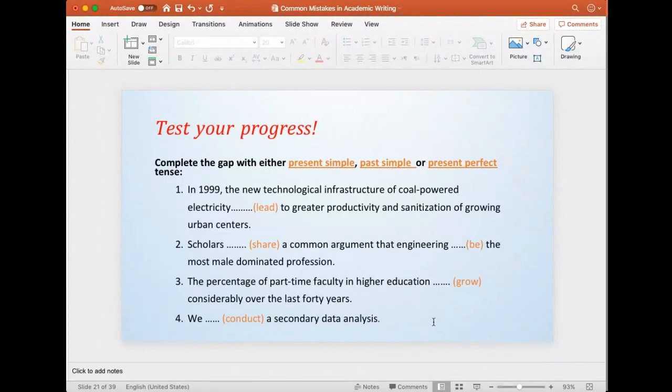And don't forget, when you form the past tense of the verb, you know the right form, whether it is a regular verb that ends with ed or an irregular verb that we have to change the verb form. Okay. So time is up. Now show me your answers.